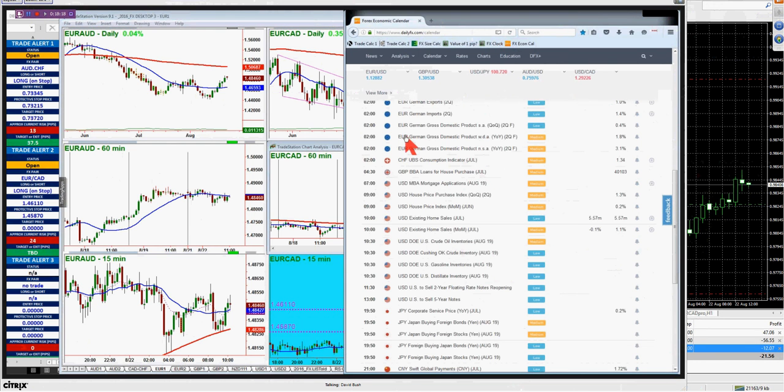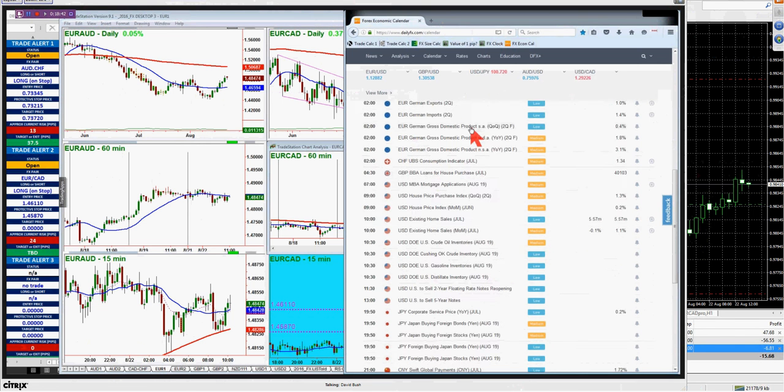And there is some pound data at 4:30 a.m. Eastern, kind of a common time for some UK or pound-related data, and then a bunch of U.S. data, mostly crude inventories and existing home sales. Certainly we'll be tuned into that on Wednesday.